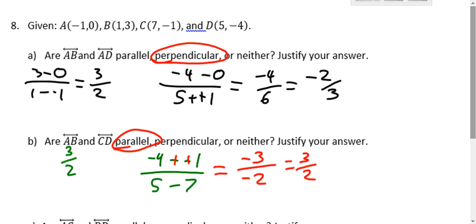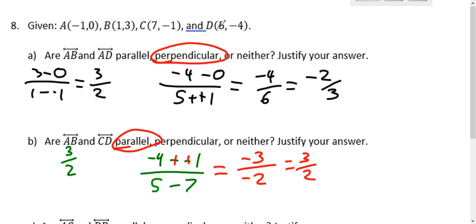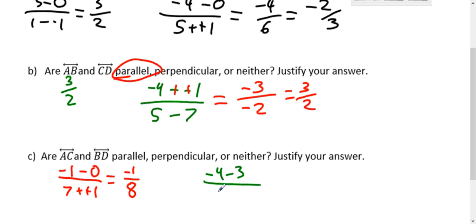For BD, take the D coordinate minus the B coordinate, so negative 4 minus 3 over 5 minus 1. That's negative 7 over 4. There's no relationship between those slopes, so they are neither parallel nor perpendicular.